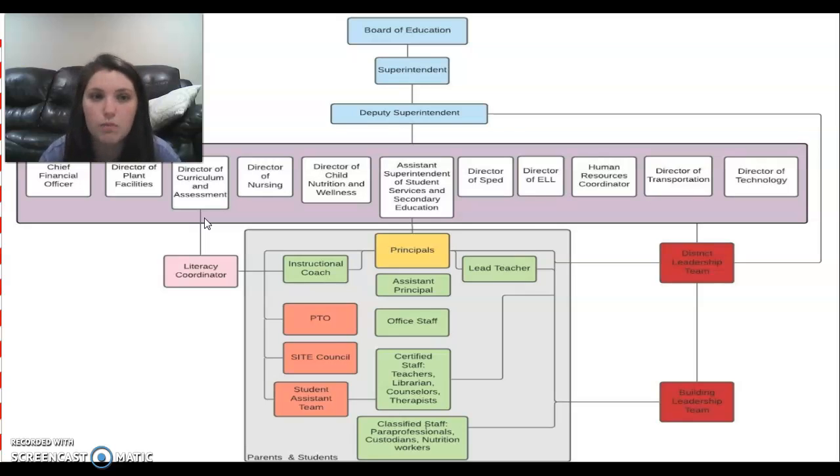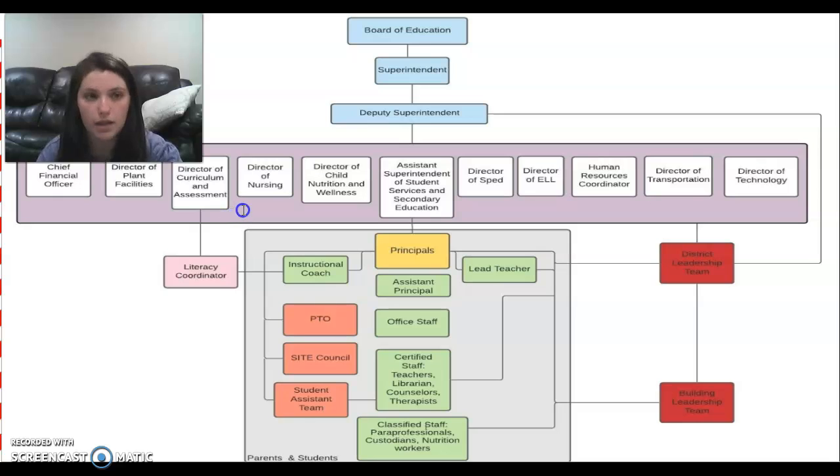It is a mix of people from different parts of this chart. We have the principals down at the bottom, different people from this purple box, so different directors and administration, and then the deputy superintendent. And the district leadership team also discusses any issues from the BLT that need to be brought up. And then from there, it can be brought back all the way up to the Board of Education.